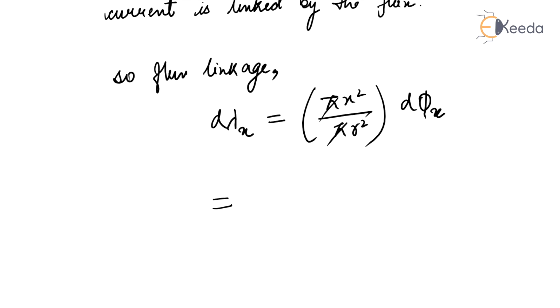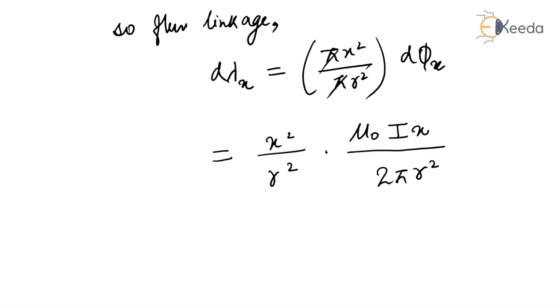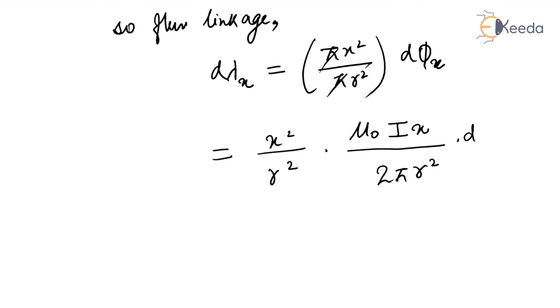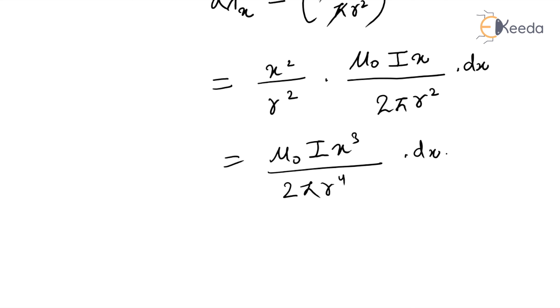So this is equal to x square upon r square, mu naught I x upon 2 pi r square, into dx. So this is equal to mu naught I x cube upon 2 pi r to the 4 into dx. Weber turn per meter.